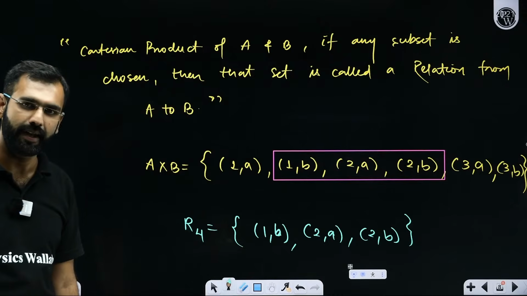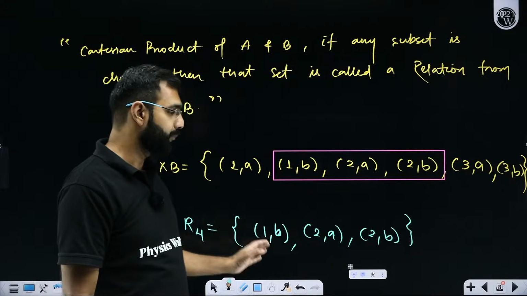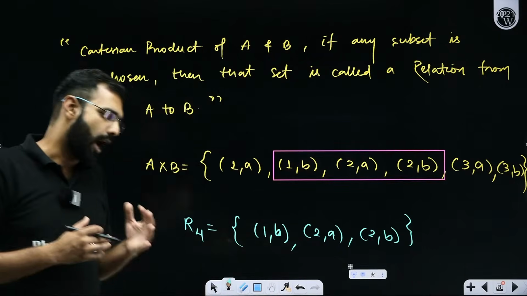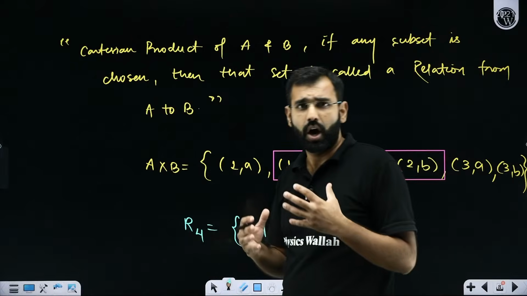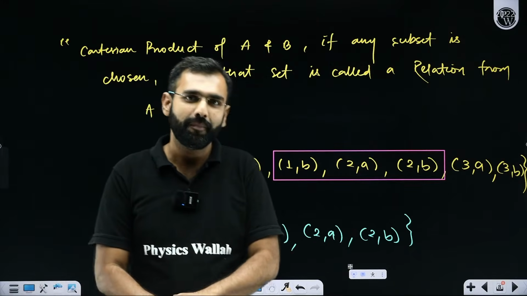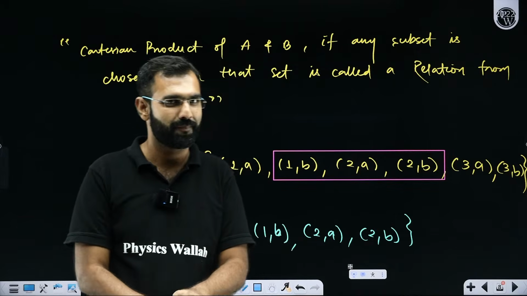Everybody understanding it? Excellent. Yes, indeed. So this is called a subset of Cartesian product of A cross B, which is a relation. So that means we can define a lot of relations. Yes, but it will still be a countable number. A lot means a countable number in this case.